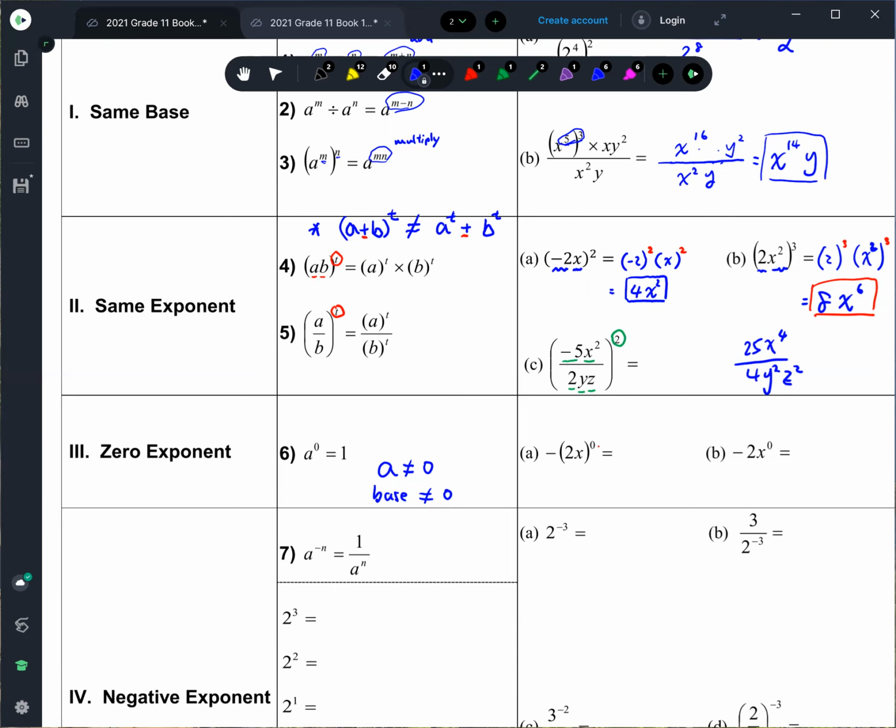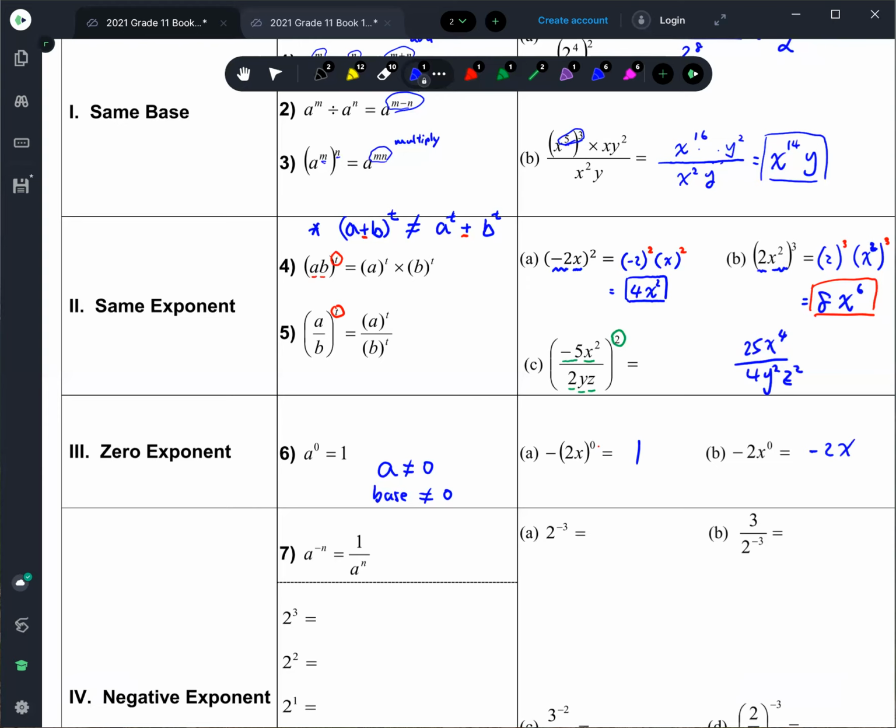Isabella, what's your answer for A? Is it 1? Okay. What about your answer for B? Negative 2x. Okay. And Aaron, what about you?